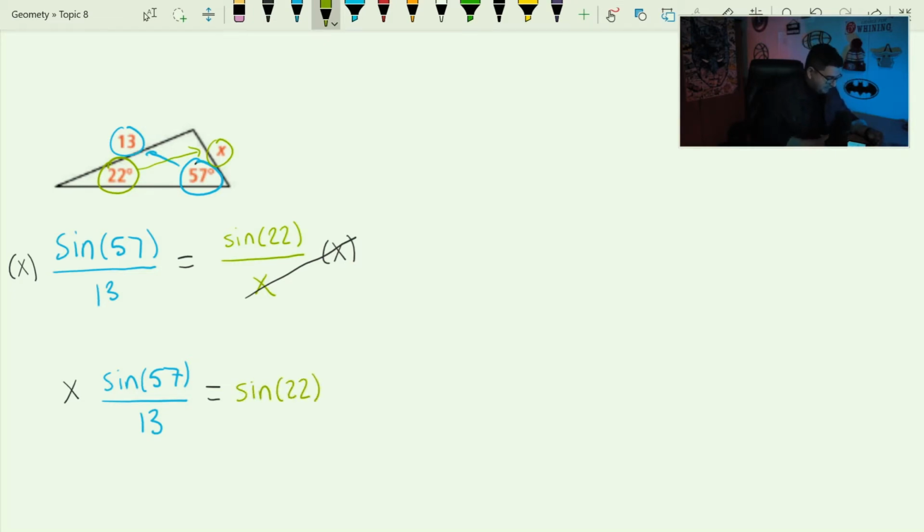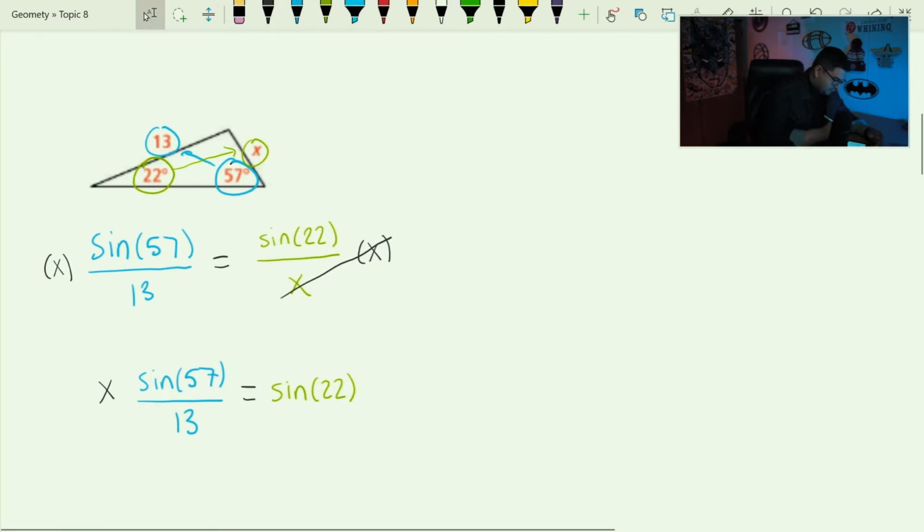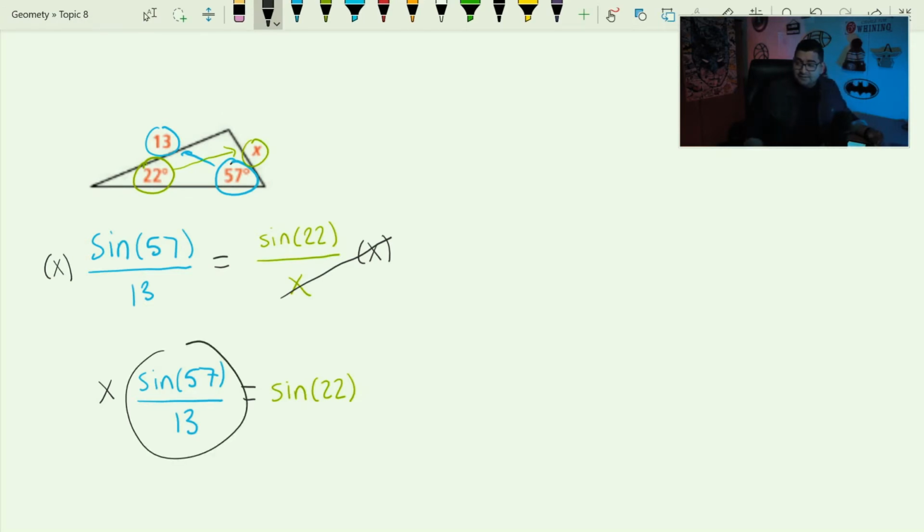Now we want to single out the X, get it by itself. The fastest way to do that is to multiply by the opposite of this fraction. So let's multiply by 13 divided by sine of 57.